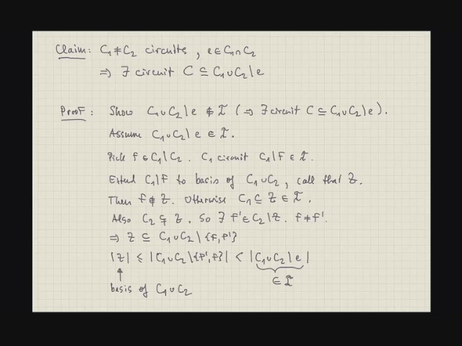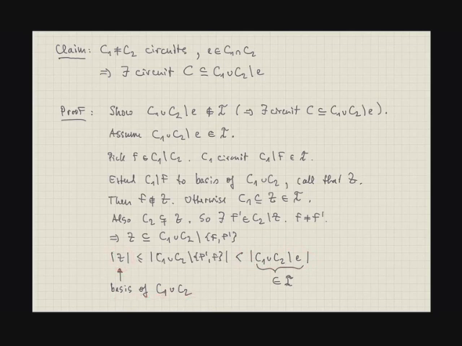Well, I have an independent set here that is C1 union C2 without element E, and this independent set could be further extended to a basis of C1 and C2. Or actually, it is the basis itself. And this has strictly larger cardinality than this set Z, which was also a basis of C1 and C2.